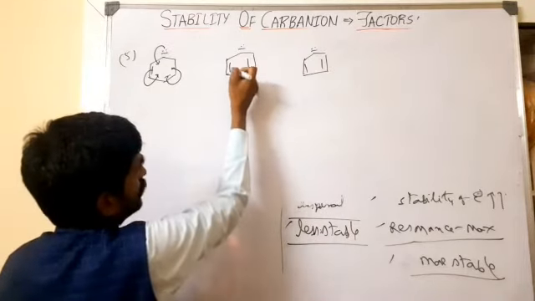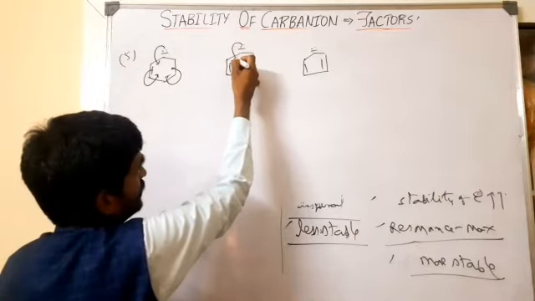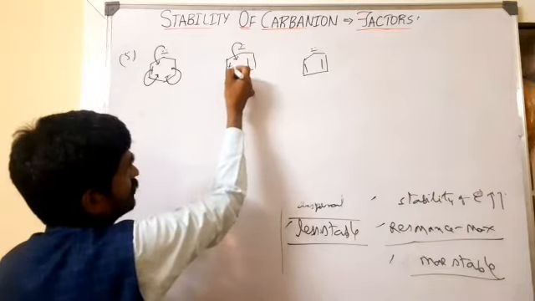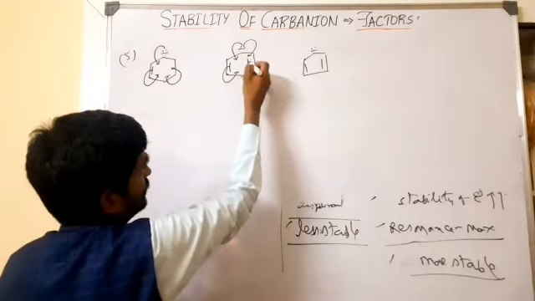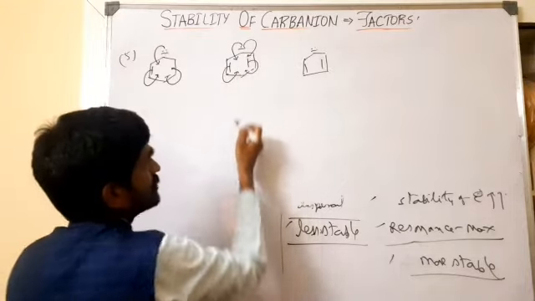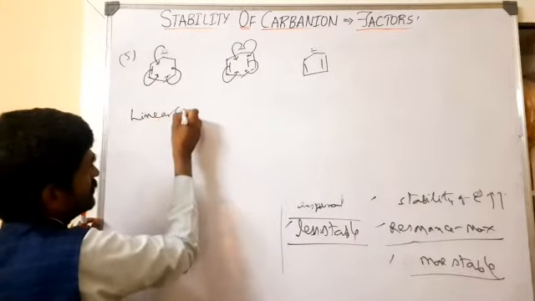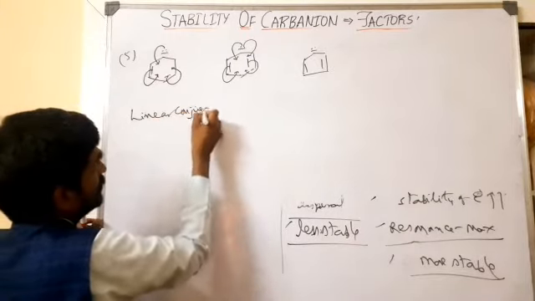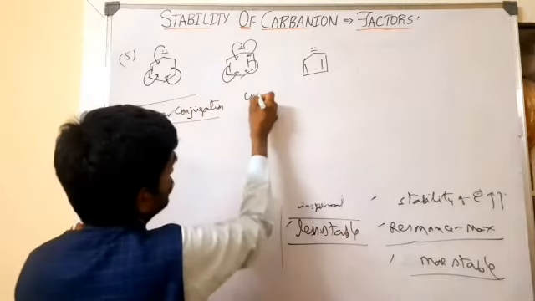This negative charge is dispersed from here to here, migrated over here, and may be dispersed over here. Then this is migrated over here. So this is called cross conjugation. Here, linear conjugation, and here, cross conjugation.